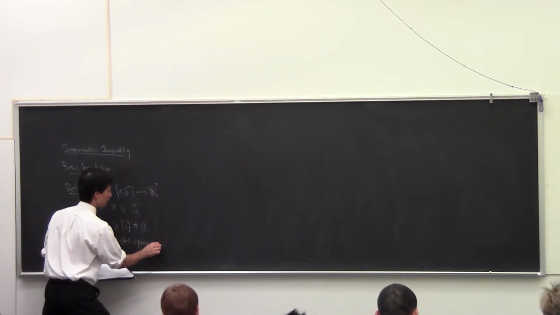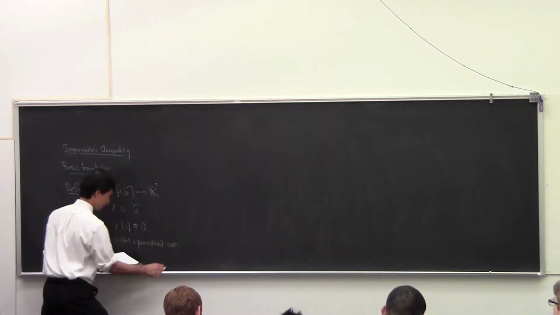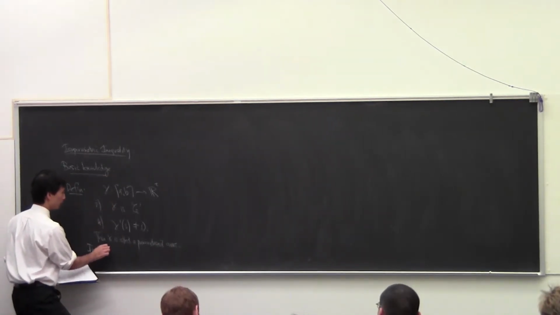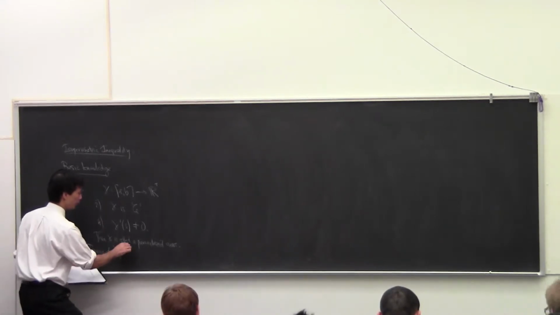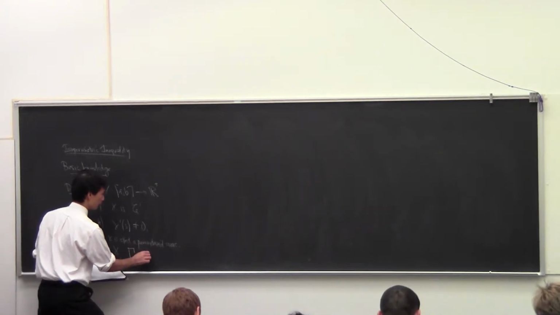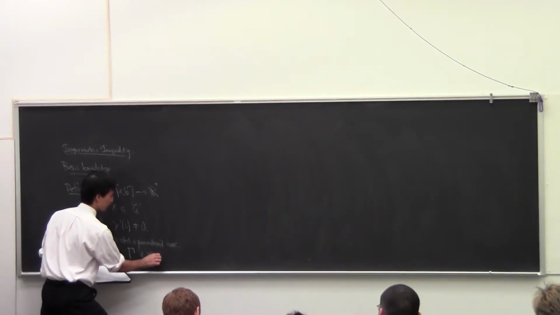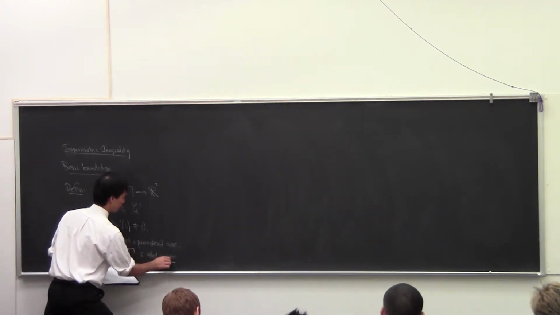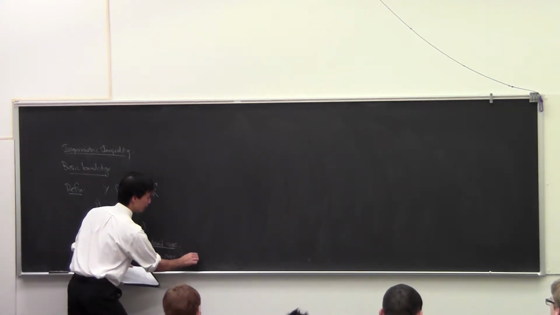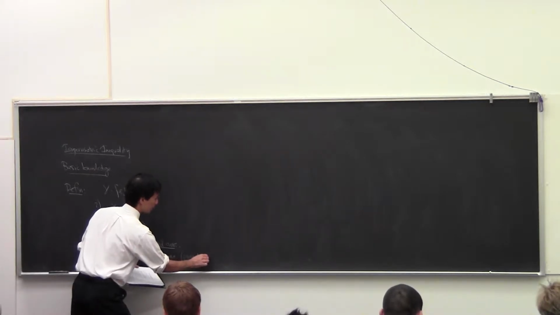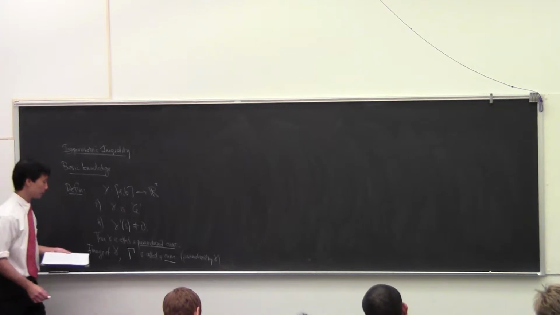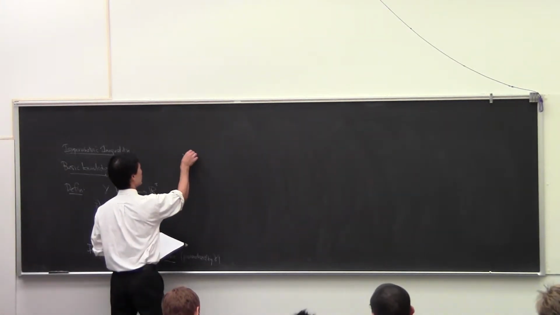Parametrized curve, and the image of gamma, which we'll call big gamma, is called a curve parametrized by little gamma. Then there are these other notions.